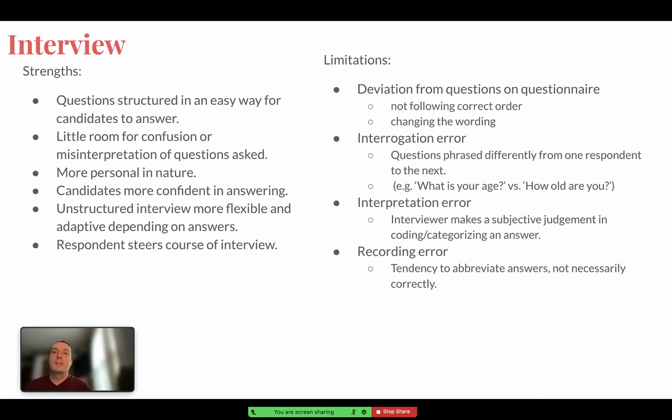So some of the strengths of interviews are that the questions can be structured in an easy way for the candidates to understand, so there's little confusion in what's being asked. Interviews are more personal in that the researcher and the candidates are just having a conversation, and this opens up answers to be more honest.